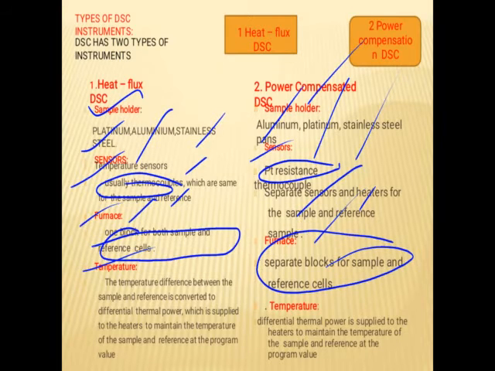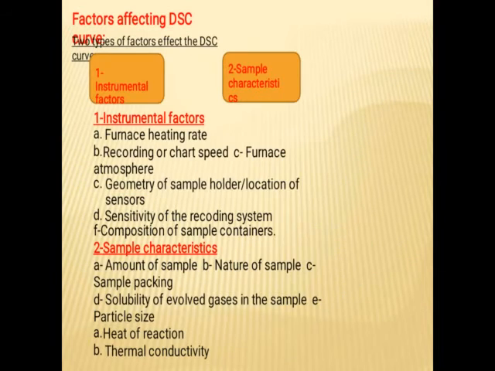Over here, it maintains the temperature of sample and reference at the program value. So that is the difference between the heat flux and the power compensated. The main difference is that in power compensated DSC they have separate compartments, separate sensors, separate thermocouples, and separate heaters. That is the main difference between heat flux DSC and power compensated DSC.